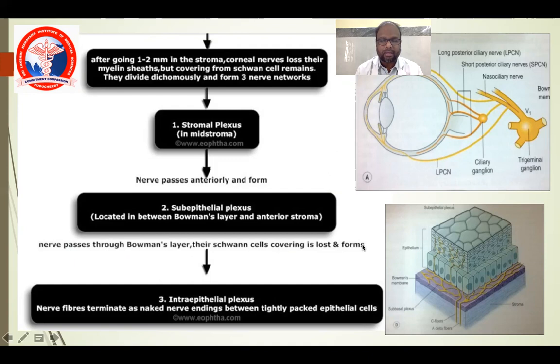What they form is the last, the intraepithelial plexus. The nerve fibers terminate as naked nerve endings between these tightly packed epithelial cells. That is why damage to these epithelial cells makes the cornea highly sensitive. That is why you can't touch a cornea without anesthetizing the cornea.